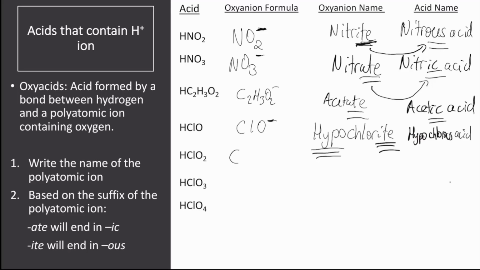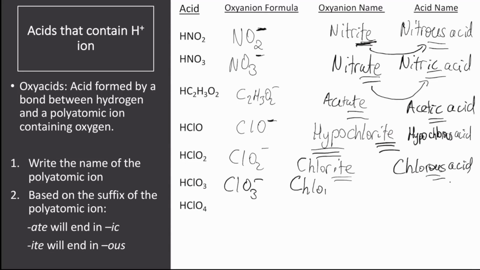The second one, ClO2 minus. And the name of this one is chlorite. So it doesn't have any prefix. We only change the suffix to chlorous acid. The next one is ClO3 minus. This one is chlorate.